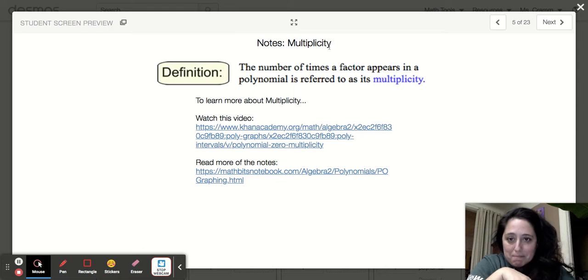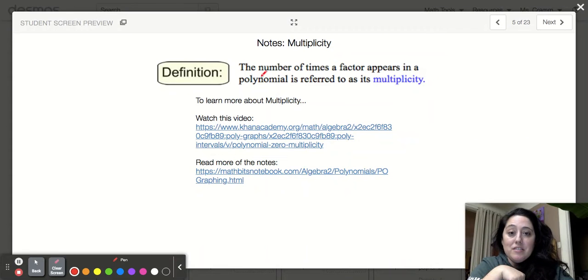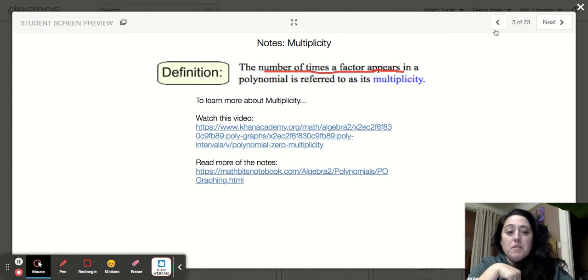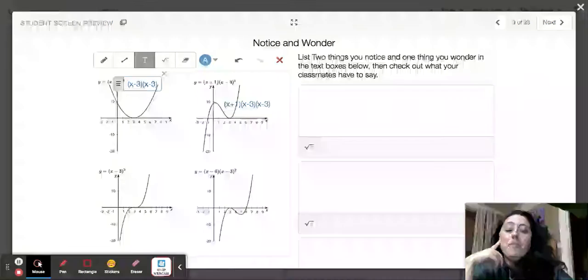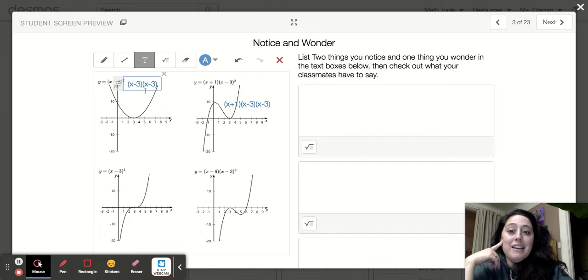What is a multiplicity? A multiplicity is the number of times a factor appears. So if I go back here to my last slide, this factor of x minus 3 has a multiplicity of 2.